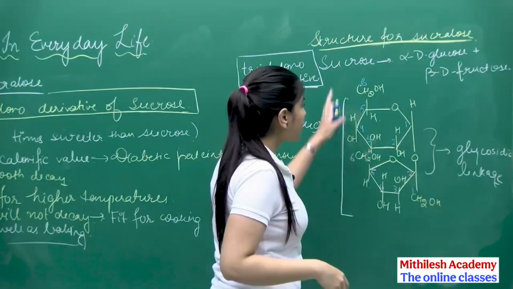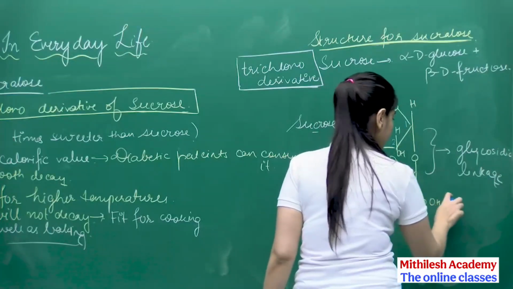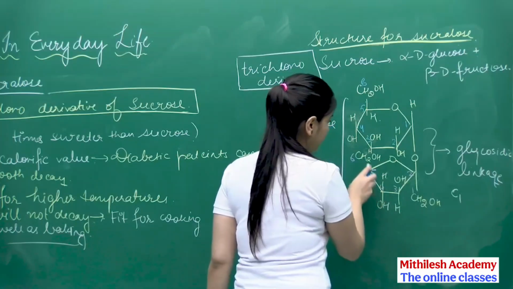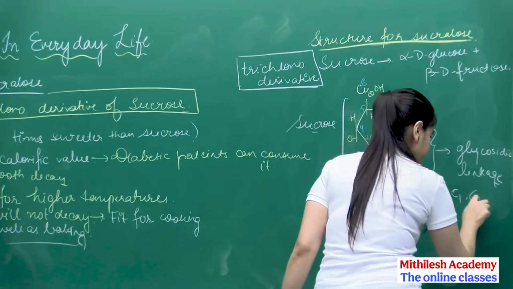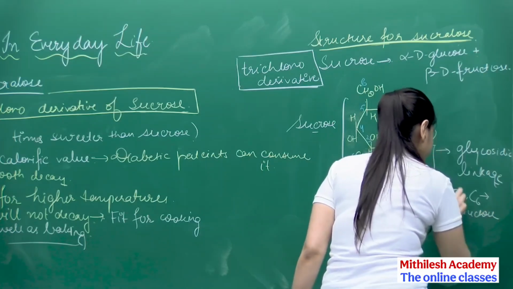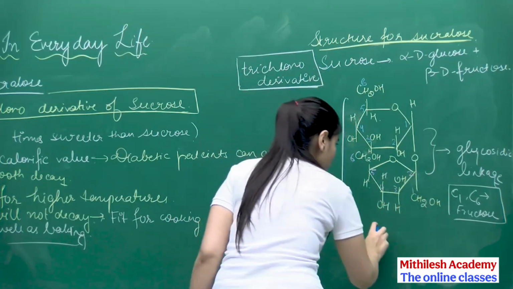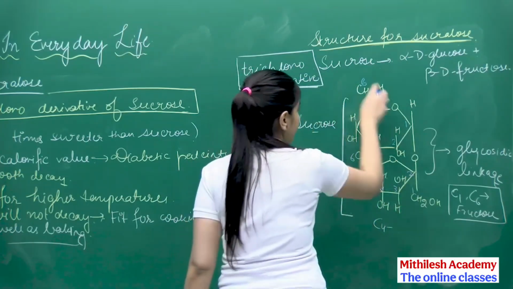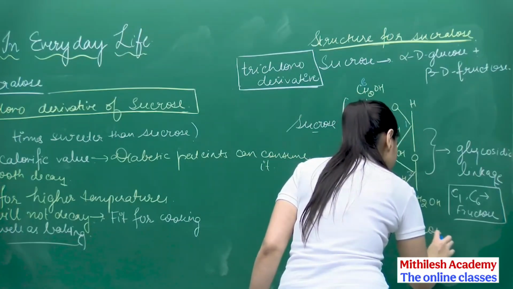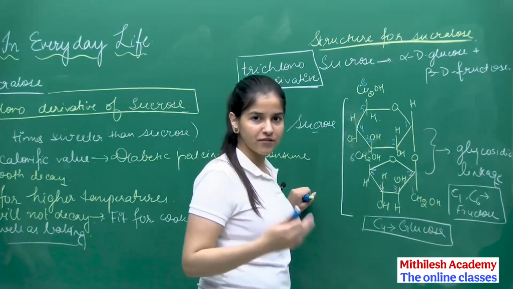So where do I need to make the changes? First of all, onto the first carbon, carbon 1, and at carbon 6. Here I am talking about the fructose. Replace the OH with Cl, and here at carbon number 4, I need to make the changes. That means for the glucose I am talking about. So let us just make the changes and convert it into sucralose.